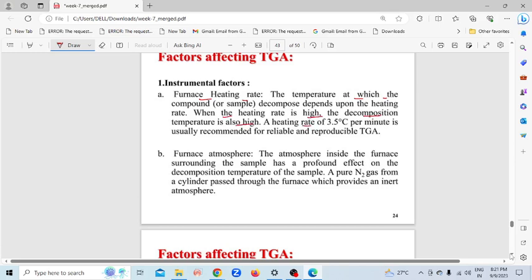A heating rate of 3 to 5 degrees per minute is usually recommended for reliable and reproducible results. If the heating rate is high, suppose your sample is decomposing at 150 degrees centigrade and requires 5 minutes to decompose completely, then at 155 degrees.